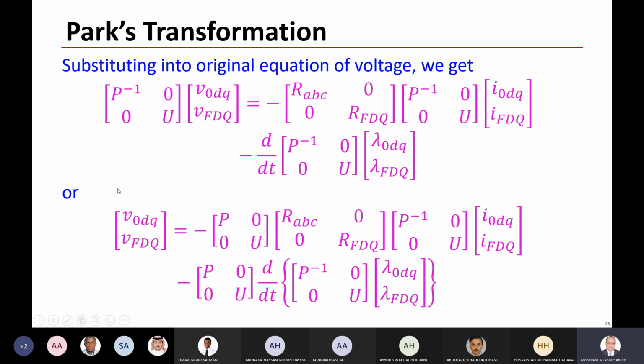So of course you can multiply by the inverse of this, which is B. You can have it B here. This is the inverse of this. As we mentioned earlier, the Park's transformation matrix is orthogonal, so B inverse equals B transpose, and then you can have this here.